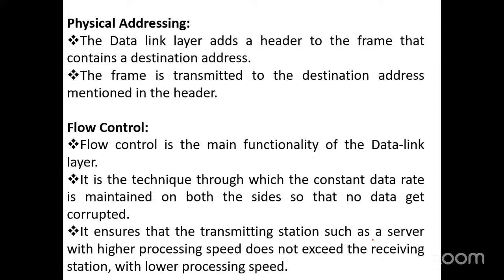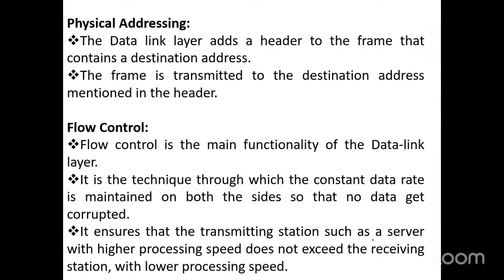If the sender is sending data at great speed but the receiver is not able to receive at the same speed, the data gets corrupted. There is no meaning if we implement the network like that. Sometimes the sender speed may be low but the receiver speed is very fast. In that case, the receiver has to wait more time to receive the data from the sender.